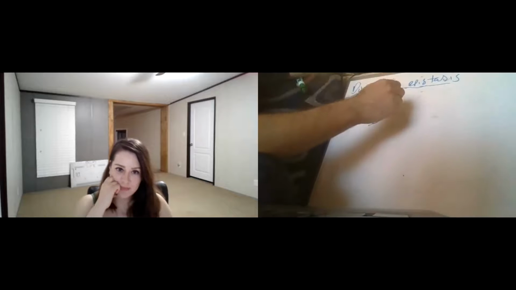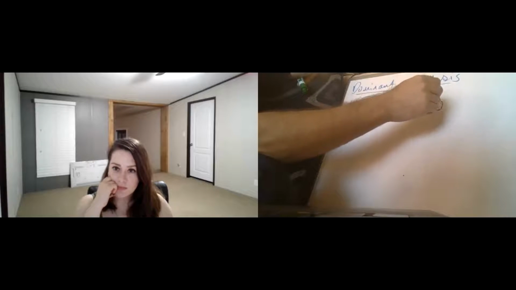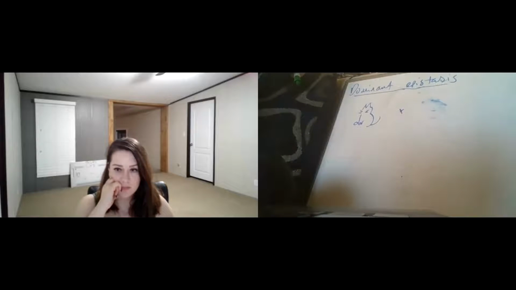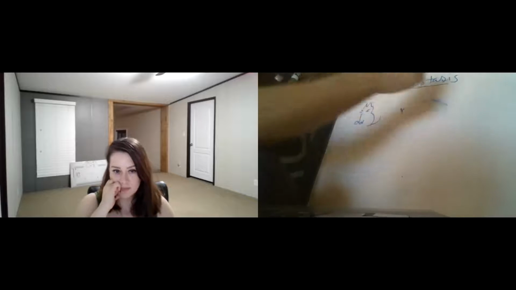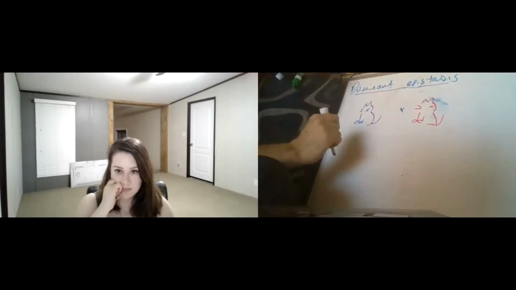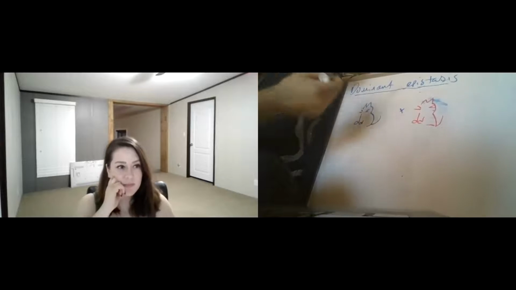Okay, so if you cross, actually, let's use a different color. I'm going to use, this is supposed to be like a ginger cat. Right. Essentially, you can cross, so this is about dominant epistasis.